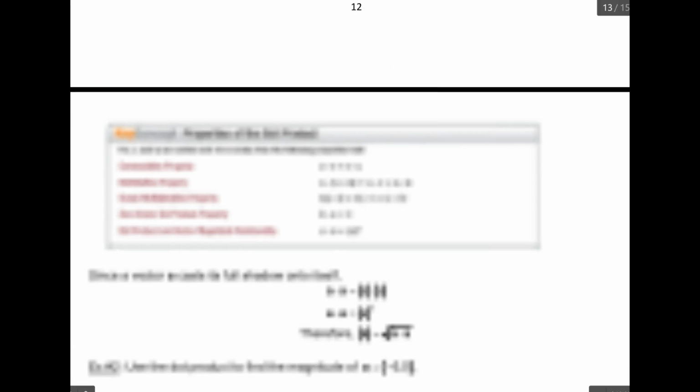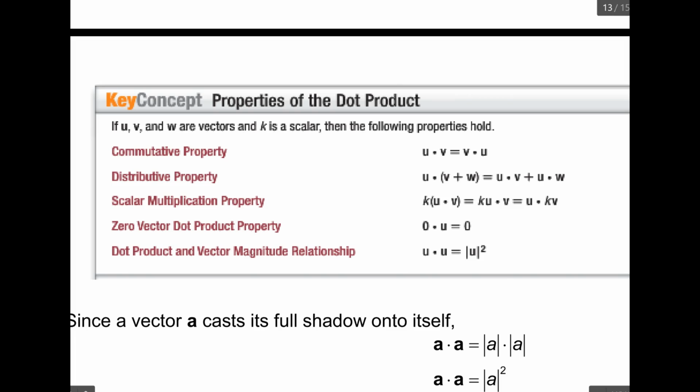Okay. So let's go through the properties of the dot product. So the commutative property: the way I do the dot product, it shouldn't matter if I do u dot v or v dot u, you get the same thing. The distributive property: either you can do the dot product after you add the two vectors, or you could take the dot product of each of the vectors with your vector in question.